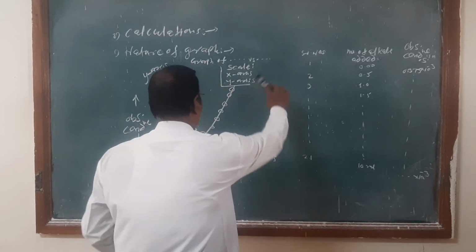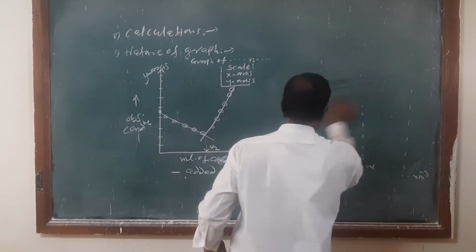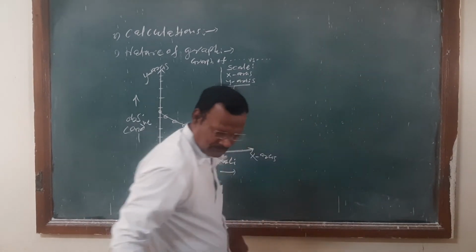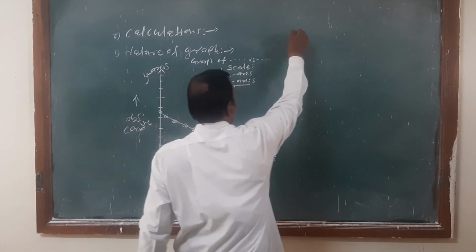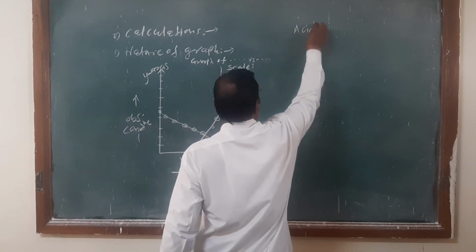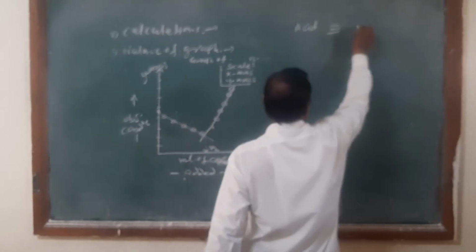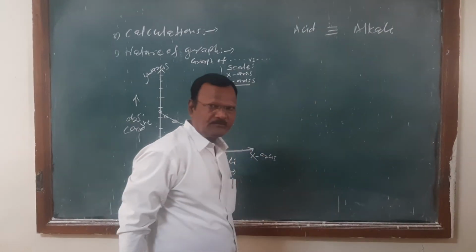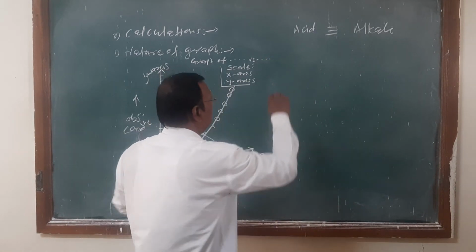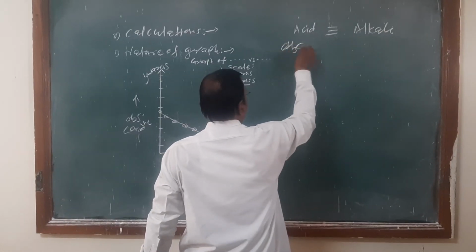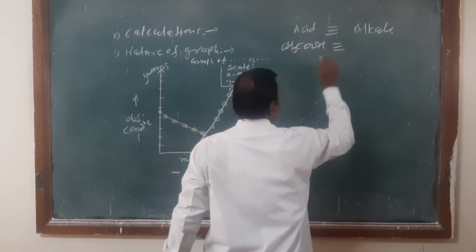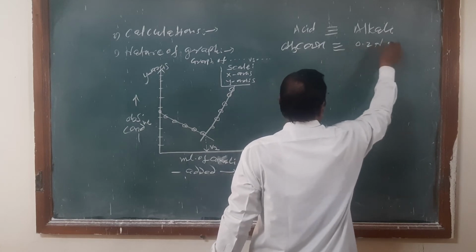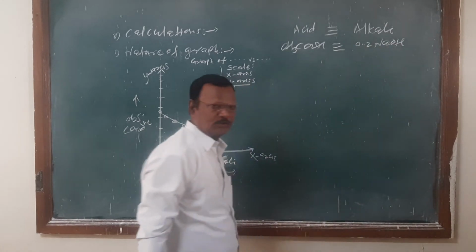We have to know how the calculations are made for this titration. Here we use a weak acid, acetic acid, corresponding to a base, that is 0.2 normal NaOH solution.